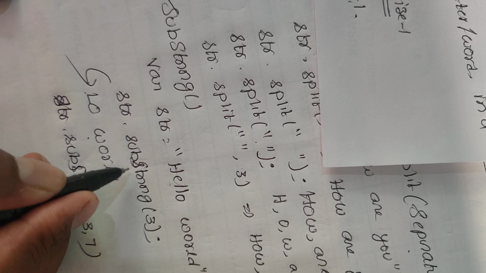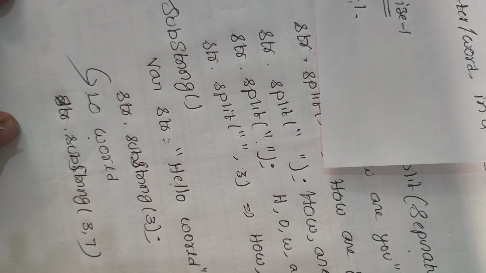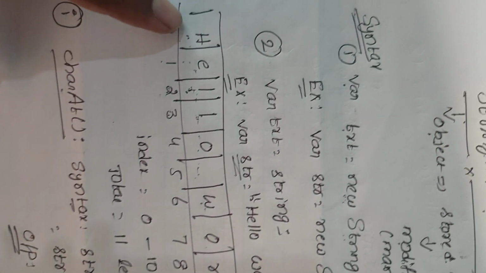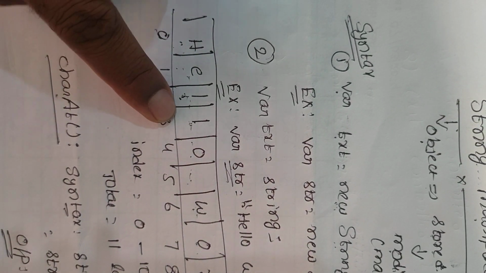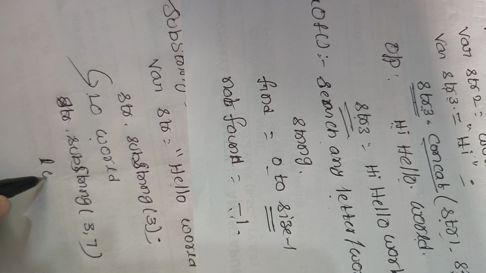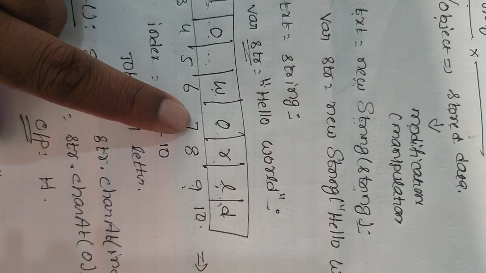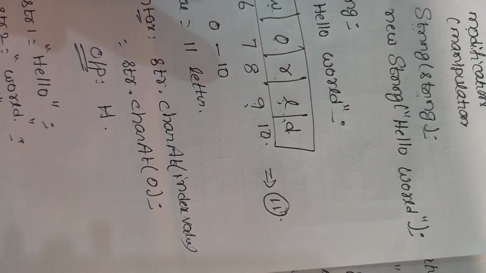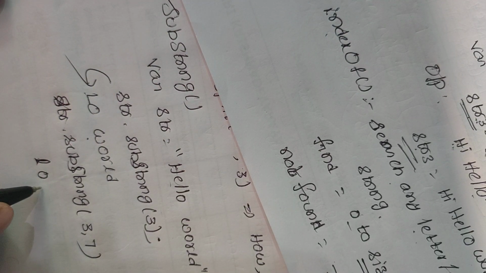Now we go to the string: the third letter is L in HELLO, that is where we start, LO. What is the seventh letter? It is O, and we do not include that one. So we get LO space W, only four characters.